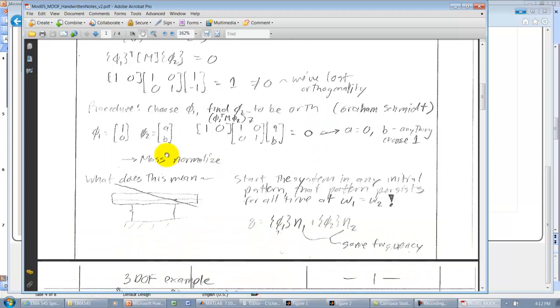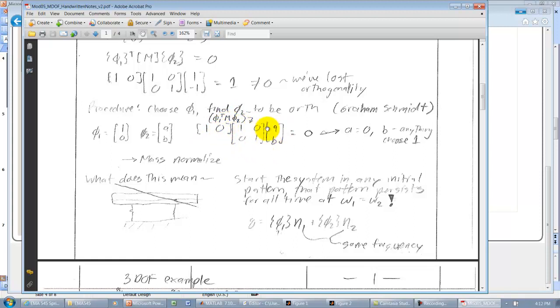But all hope isn't lost. We can choose phi 1 to be anything we want, but now we can also choose phi 2 to be anything that we want. So let's make a choice that causes these eigenvectors to be orthogonal. So I'll call phi 2 just a, b, and calculate the orthogonality term phi 1 transpose m phi 2. This should be 0 if the system was orthogonal.